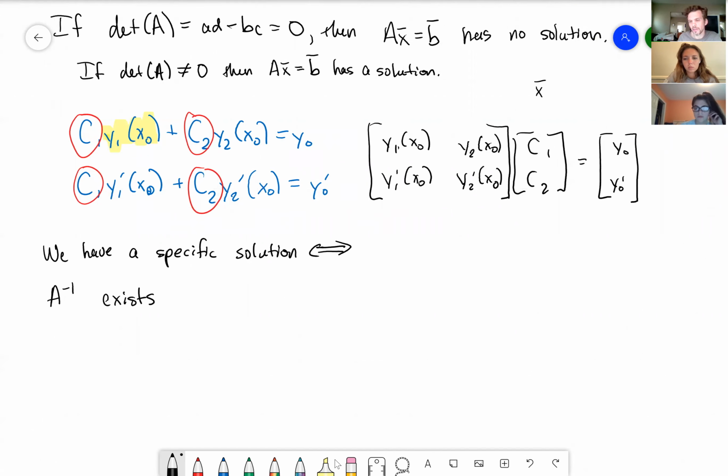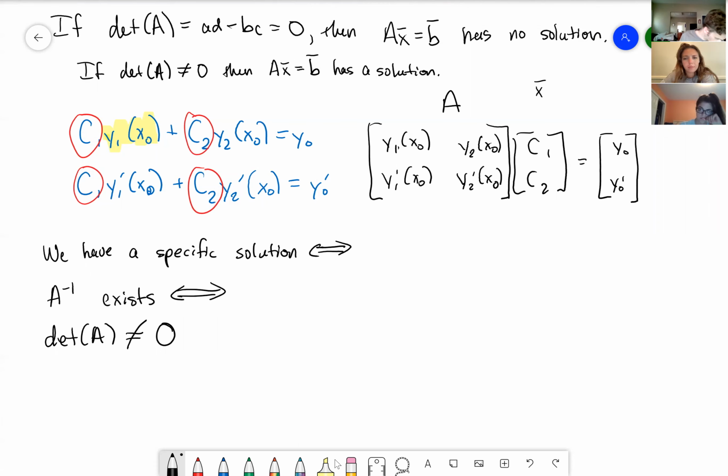Remember, that was what we were saying. If we had a solution, we could use it to figure out what A inverse was. And if we have A inverse, we can use it to get a solution. So A inverse exists if and only if the determinant of A was not equal to 0. The only thing that could possibly go wrong in forming A inverse or finding a solution was if the determinant of A was equal to 0. So we'll say a solution exists if and only if the determinant of A is not equal to 0. So this is our A here.